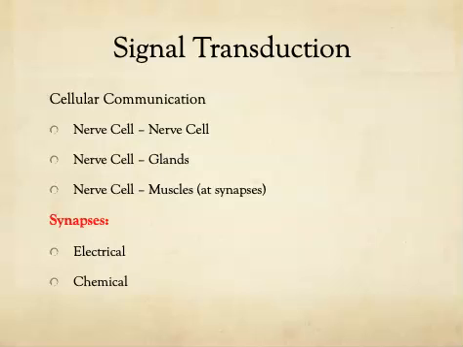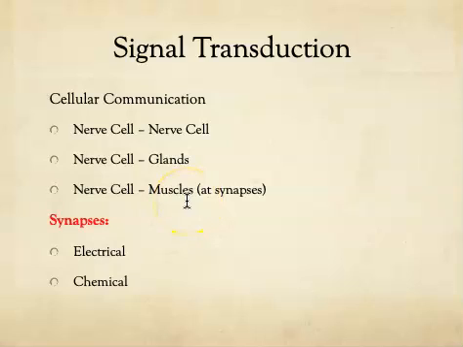So there are only certain cells that are going to be involved in this. You might have a neuron communicating with another neuron. You might have a neuron communicating with a gland, or you might have a neuron communicating with a muscle cell.